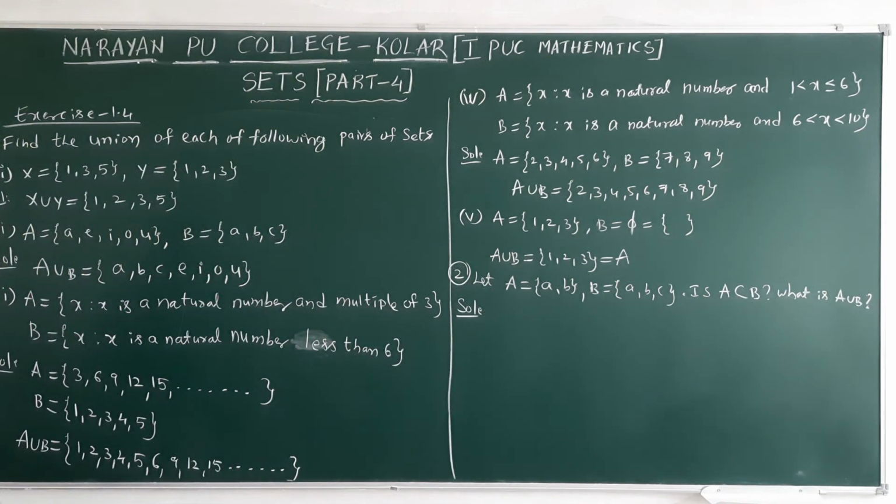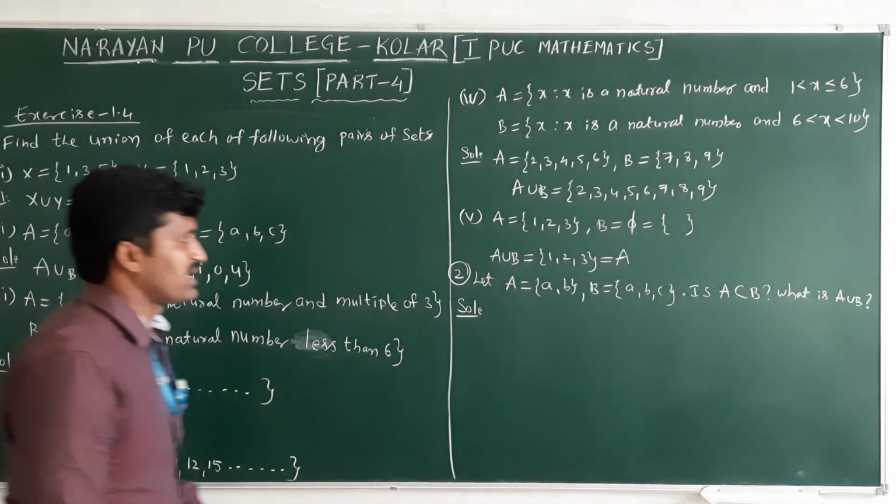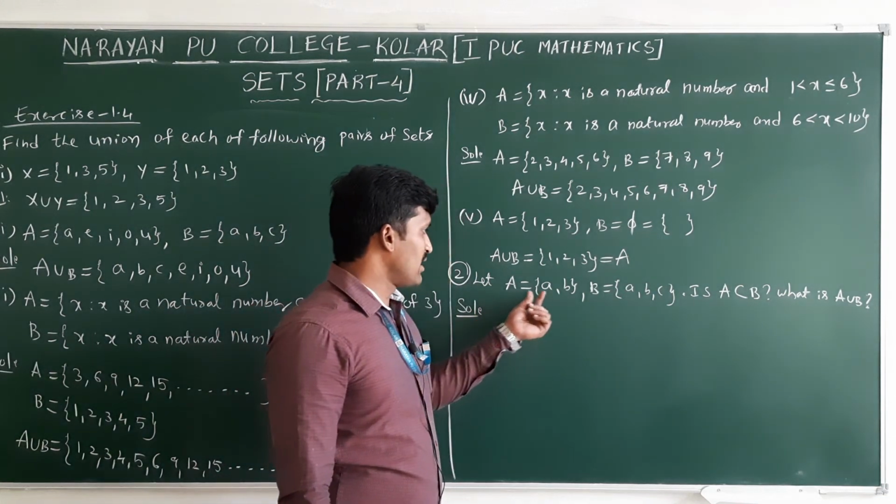Is A a subset of B? Is it correct or not? Yes, correct, because A has which elements? a and b.